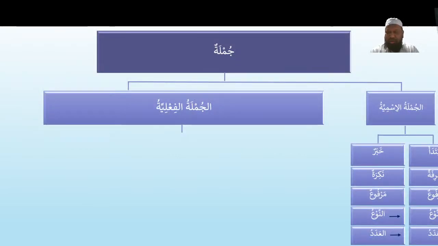Let's recap quickly. In the past we did al-jumlatul ismiyatu. Jumlatul ismiya consists of two parts, mubtada and khabar, and these are the rules, the properties of ism we've learnt. Mubtada is ma'rifa. The mubtada is marfu' in terms of i'rab.